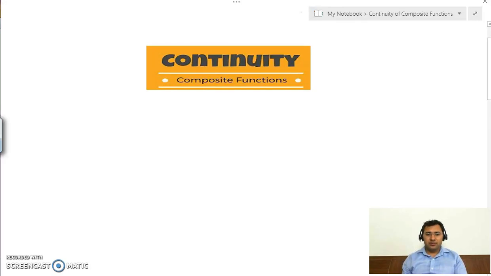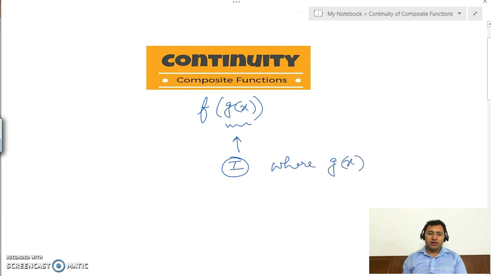Let us try to understand continuity of a composite function f of g(x). So f of g(x) will be discontinuous wherever g(x) is discontinuous or g(x) is undefined. So we will check at points where g(x) is undefined or discontinuous. And at what other points?